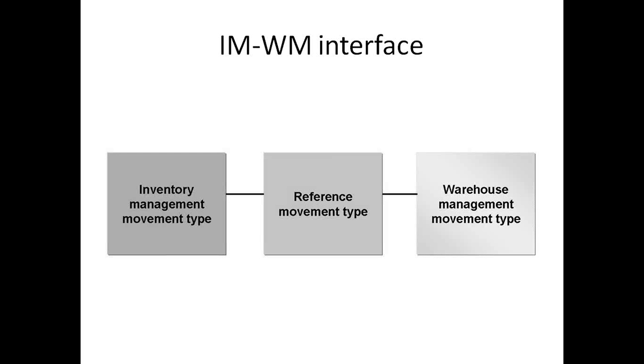So with this, what happens? A single inventory movement type can be assigned to as many reference movement types. In the same way, a single reference movement type can be assigned to as many warehouse management movement types.